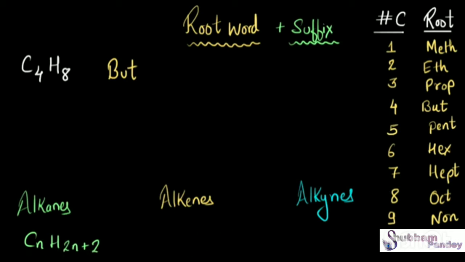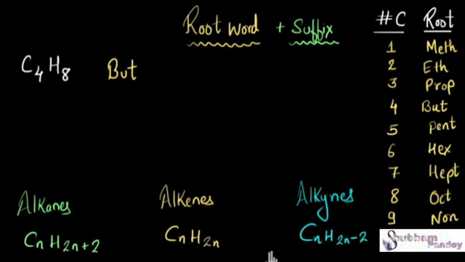For alkenes, the general molecular formula was CnH2n, meaning all alkenes have twice the number of hydrogen atoms as carbon atoms. For alkynes, it was CnH2n-2, meaning the hydrogen atoms will be twice the carbon atoms minus 2, okay?